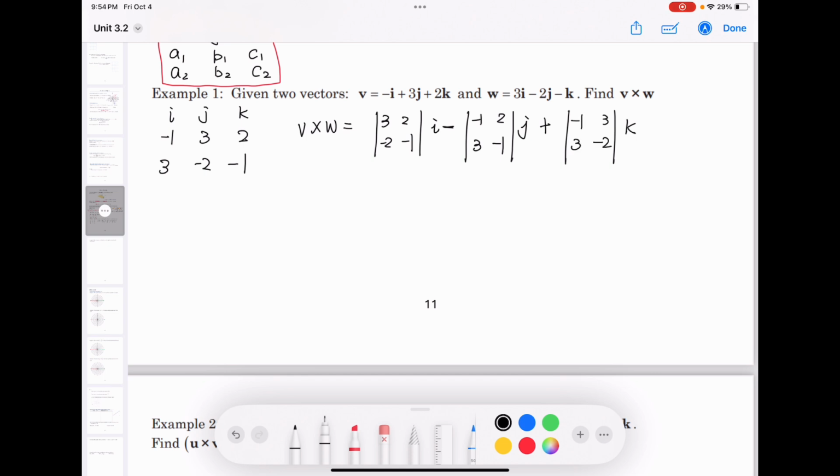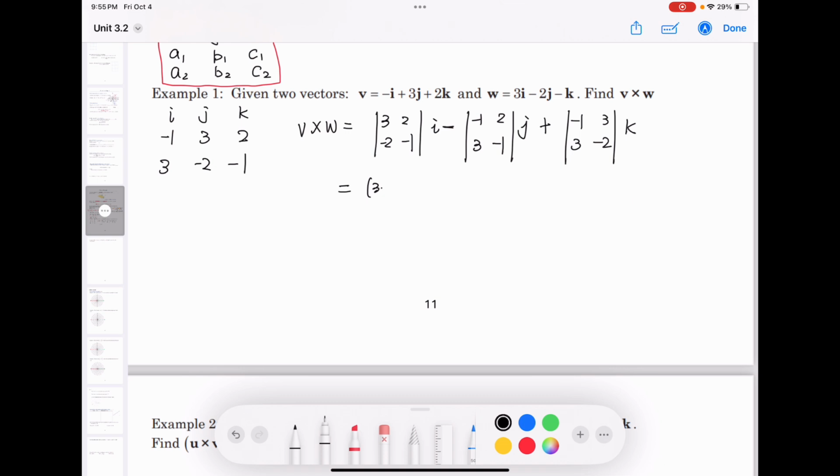Let me check if I have any mistake. I think no mistake. And then we need to evaluate the determinant and then multiply by I, J, and K. So let's do the cross multiplication down, up, down, up. If you feel it's so messy, you don't have to draw the down, up arrows. So let's see.